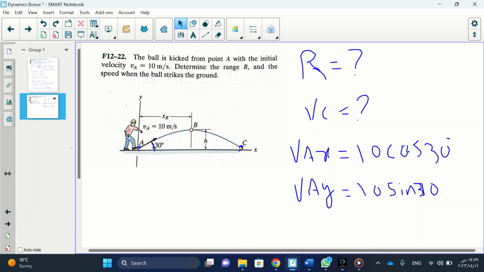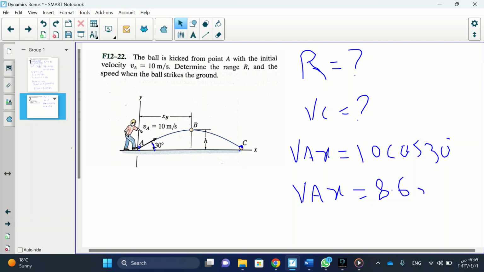So if you put this in the calculator, let's write the values first. VAX will equal 8.66 meters per second.